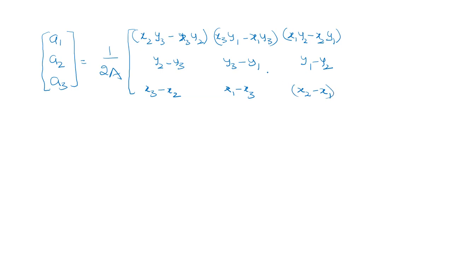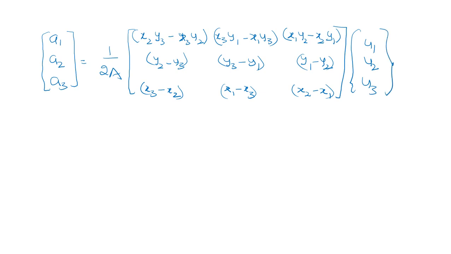After transposing and finding the cofactors, finally we will get this matrix, multiplied with the vector u1 u2 u3. This is our final matrix.